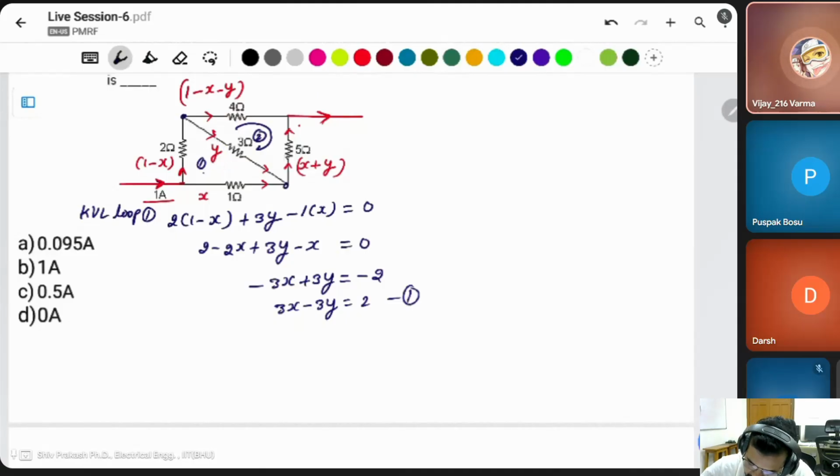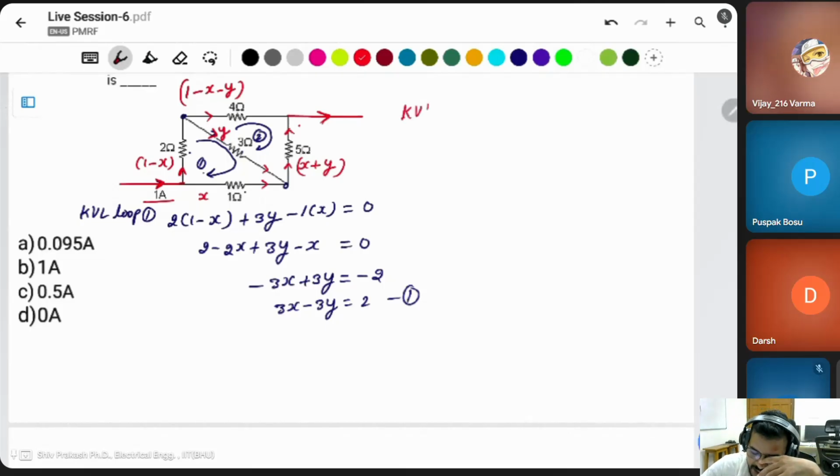This X current is coming, and Y current is here, so this current is X plus Y, and 1 ampere remains because this current is 1 minus X minus Y and this current is X plus Y, then only 1 ampere current goes through it. KCL is satisfied in this condition.